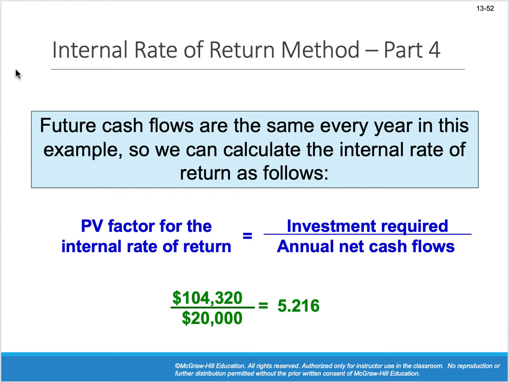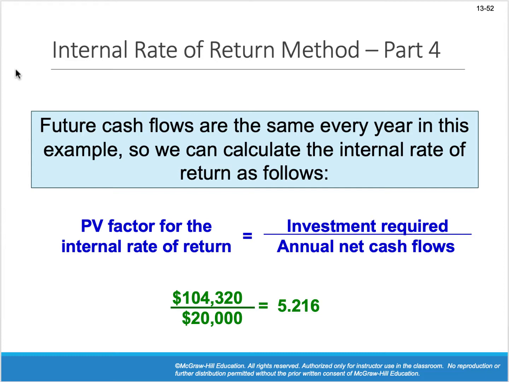right? Investment required, or initial investment cost, divided by the annual net cash flow, right? This looks familiar, does it not? It should, because we saw this when we looked at the payback method.